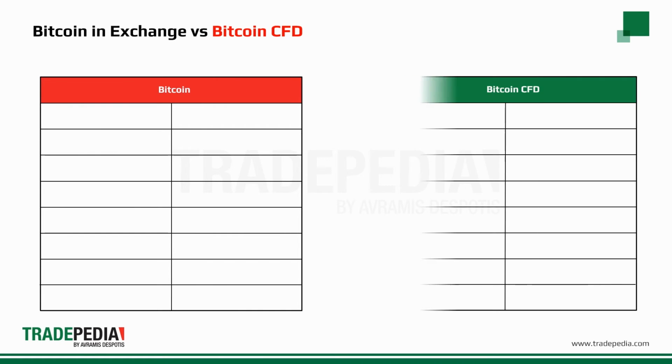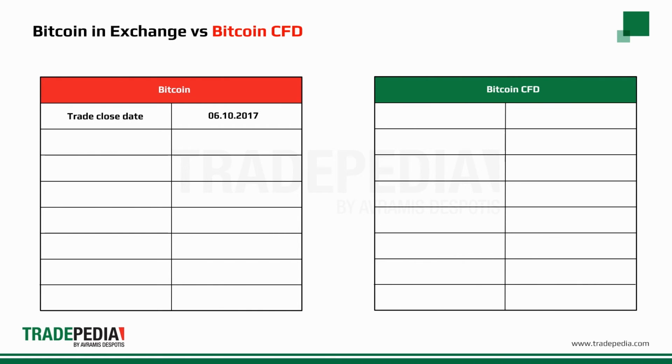Let's see what happens when we close the position after 5 days on the 6th of October. The Bitcoin Cash price has gone up to $5,700. The value of our position equals 1 times 5,700 equals $5,700. With a transaction fee of 1%, we would be charged 5,700 times 1%, which equals $57.